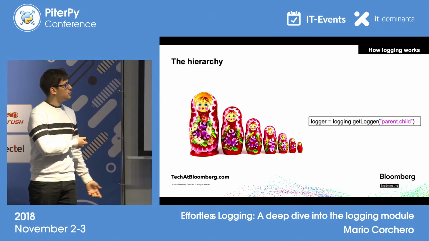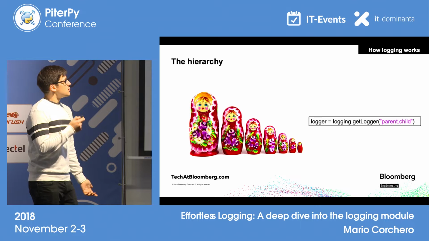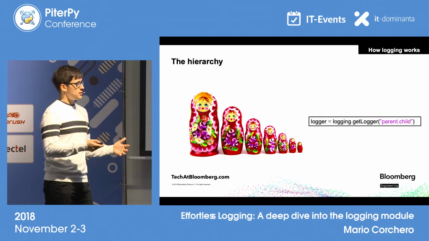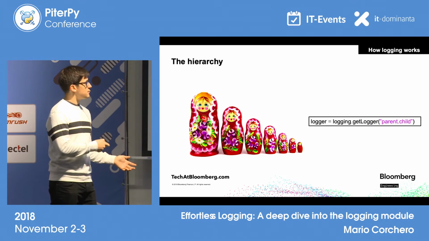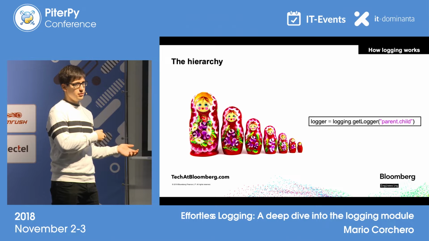And what you're doing when you do this is referencing or creating a hierarchy. All loggers have a parent, and when you create it like that, you can split things by the dot. So this means that we are creating a logger called child that has a parent called parent, and then all parent loggers have the root logger.